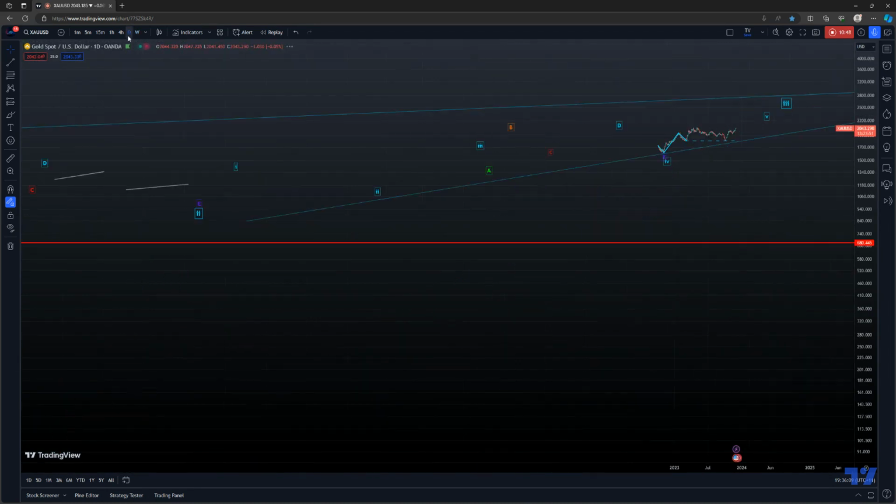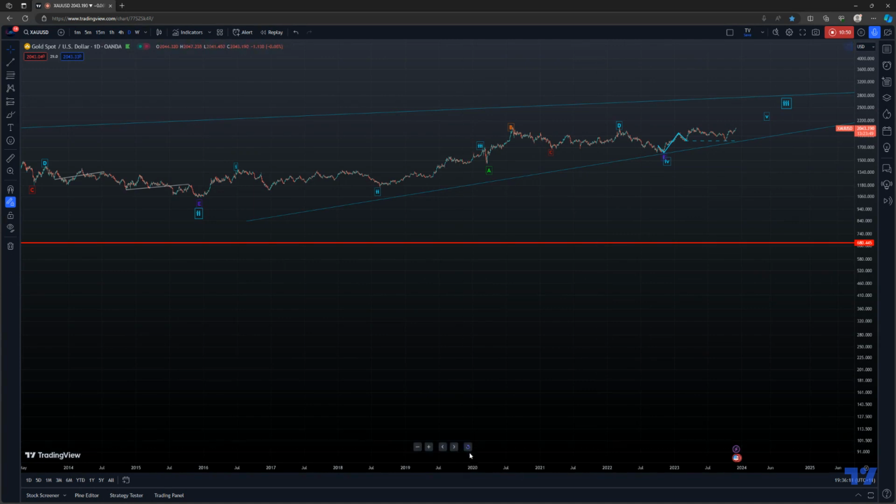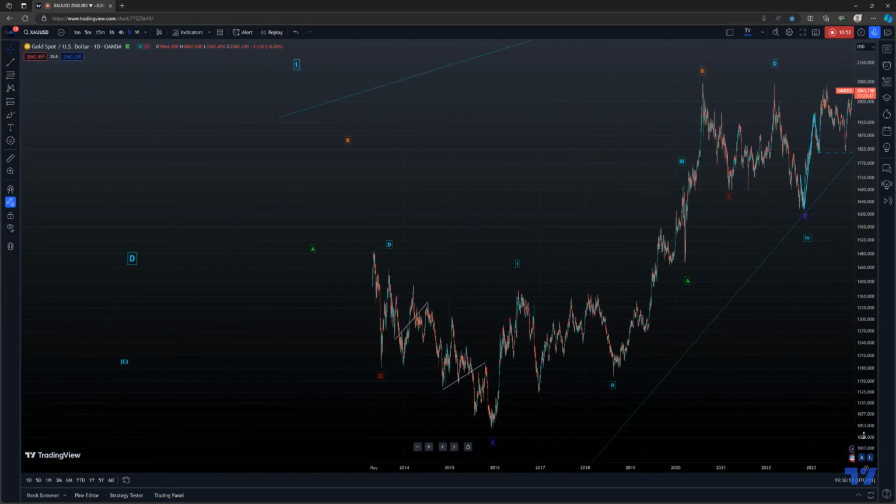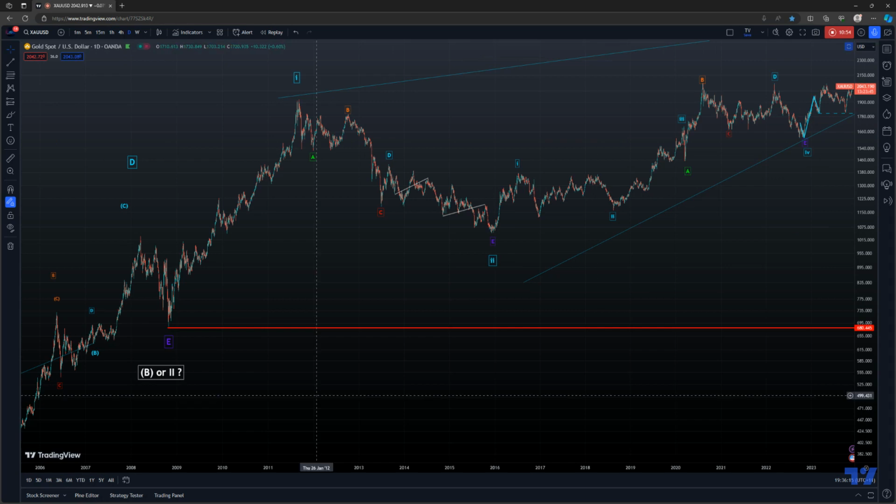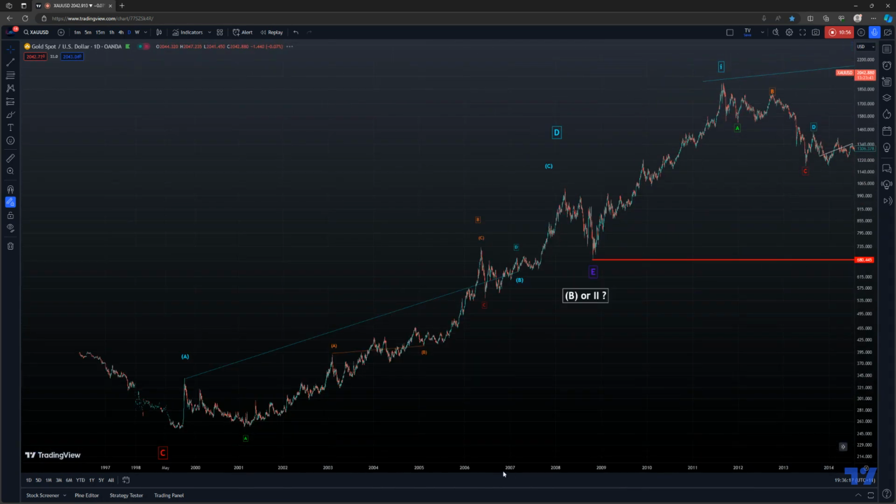If you go to a daily perspective, which is still not too much of a small degree, to be honest, you could see some weakness in that move there at the end of wave C to sort of reinforce a little bit that that wasn't a wave three.